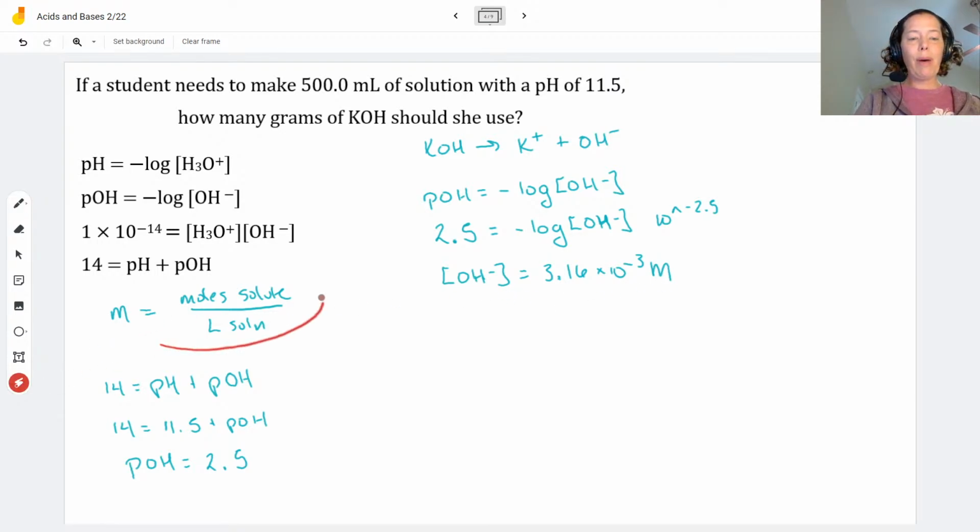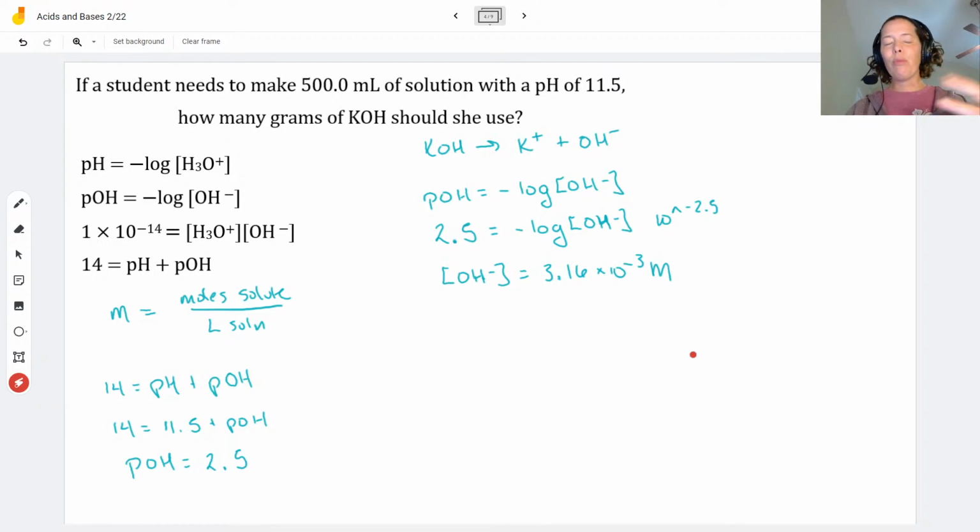I'm going to pop back to my molarity equation here because now I can fill in more variables. So I have my concentration. I have my liters of solution. So I can calculate my moles of solute. This is a problem that maybe you first approach like the previous problem, where you're trying to get to moles of solute first.